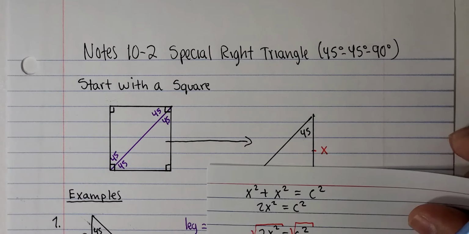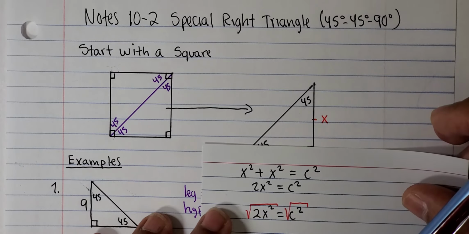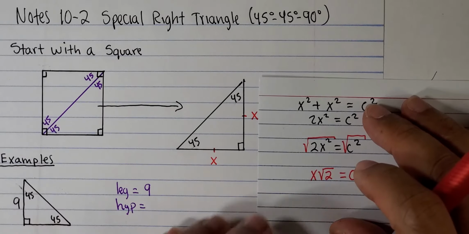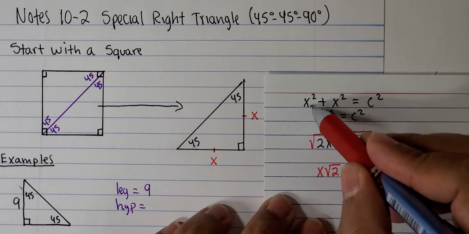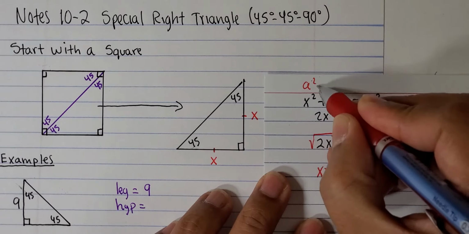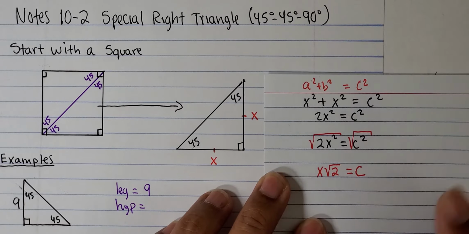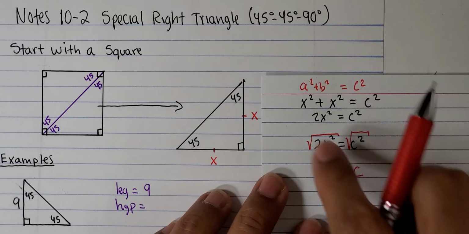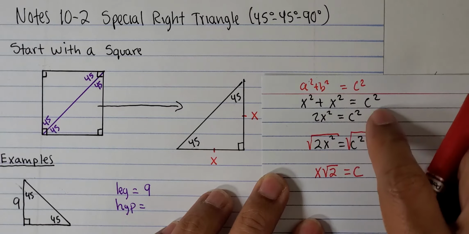So if we apply Pythagorean theorem, and I'm going to try to show you this picture at the same time with the work that I did here, okay, that might be better. Since each leg, this is a and this is b, so this is a squared plus b squared equals c squared, okay? So notice that instead of a and b, since they're both equal, I have x squared plus x squared equals c squared.